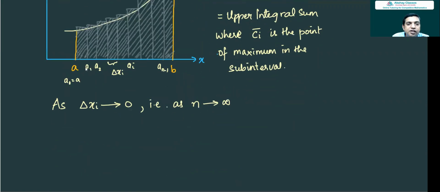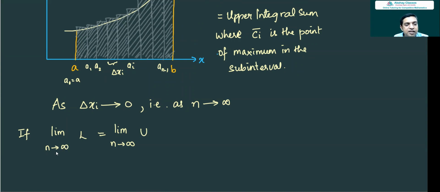In the traditional definition, the width of the largest subinterval tends to 0. So then what happens? This is limit n tends to infinity or delta x tends to 0. It's the same thing. If lower and upper become equal, then we say the integral exists. And for all continuous functions, the integral exists.